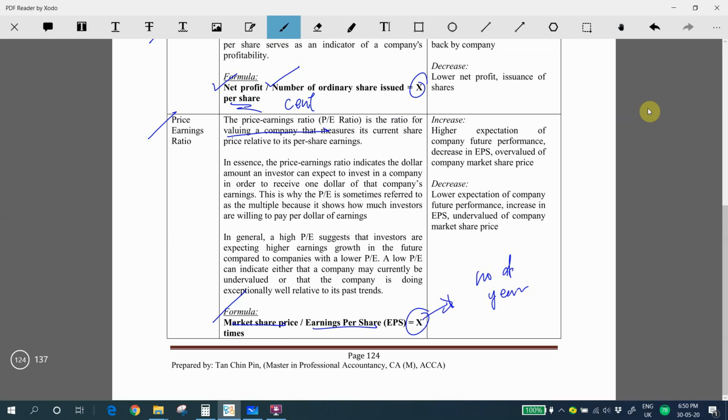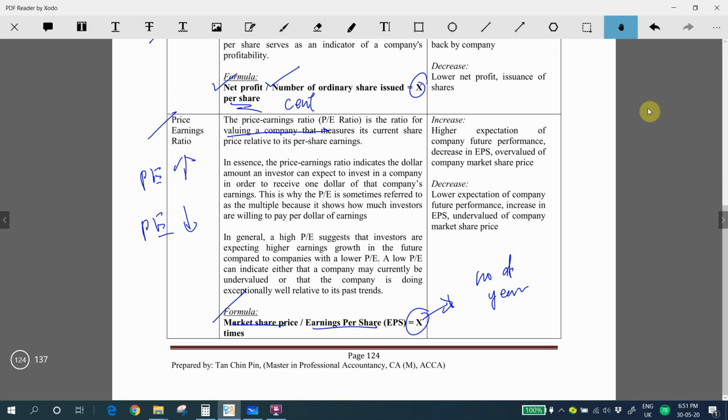But you have to be careful. There are two different perspectives when you have a high PE or a low PE. Let's see what things to take care of when using the price earning ratio for investment decisions. In essence, the price earning ratio indicates the dollar amount an investor can expect to invest in a company in order to receive $1 of that company's earnings.